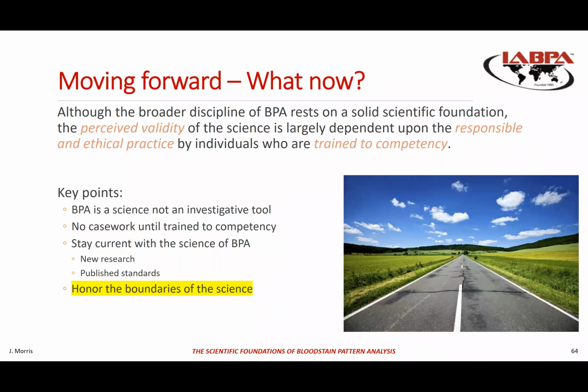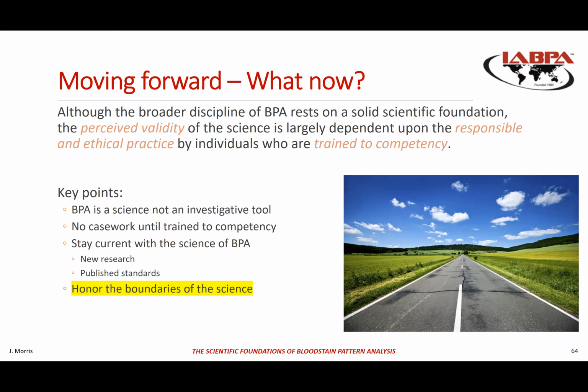If it takes 18 months of training with hundreds of hours of practical experience to be certified as a polygraph examiner, why do I think that I can do bloodstain work with 40 hours of training? We can't do it reliably.